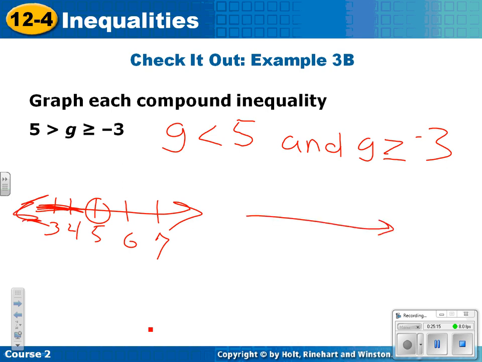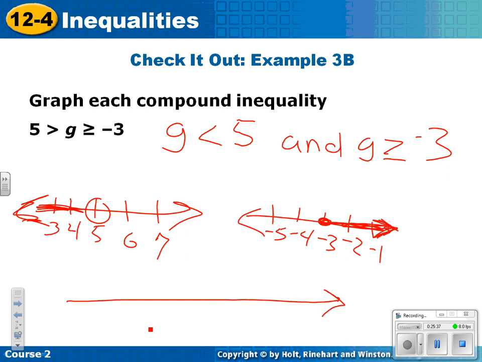Then I do another graph. Include -3. G is greater than or equal to -3. Then I make one big graph like this.